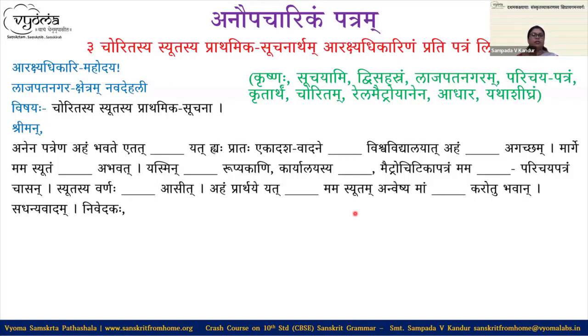Now you want to give a request letter to the officer there, that if they get it back, please return my bag. You need to give a formal letter to the officer. Okay, so this is the letter for that. Choritasya Syutasya Prathamik Suchanartham. It's a first basic letter which you need to submit, a request letter, so that you will get your bag back.